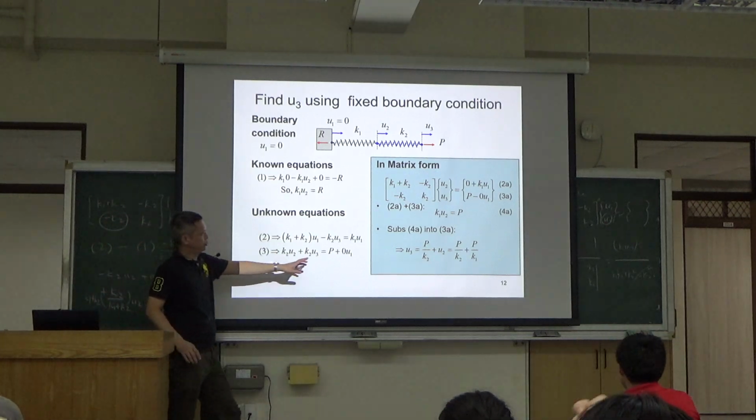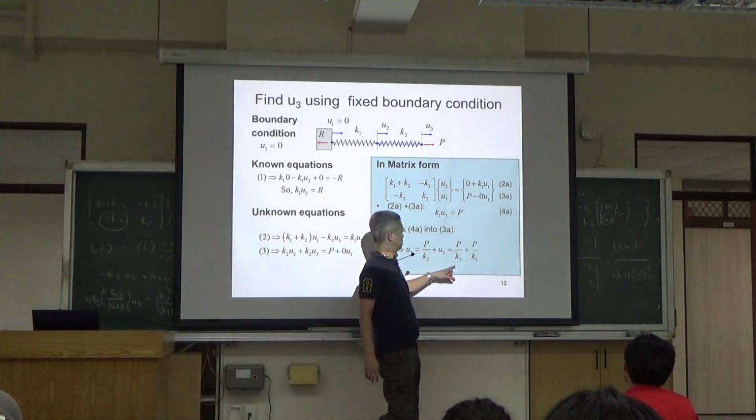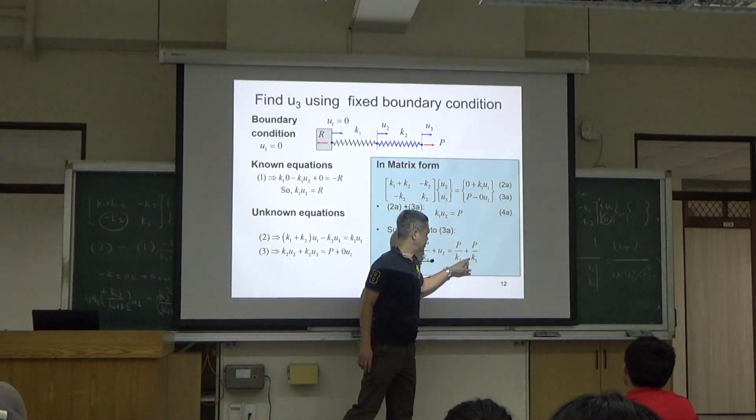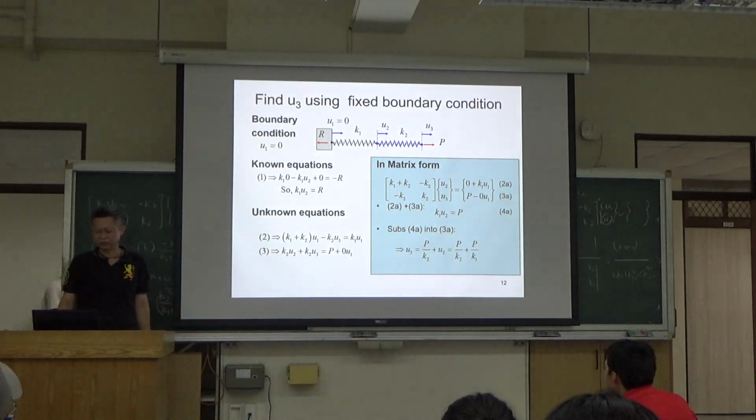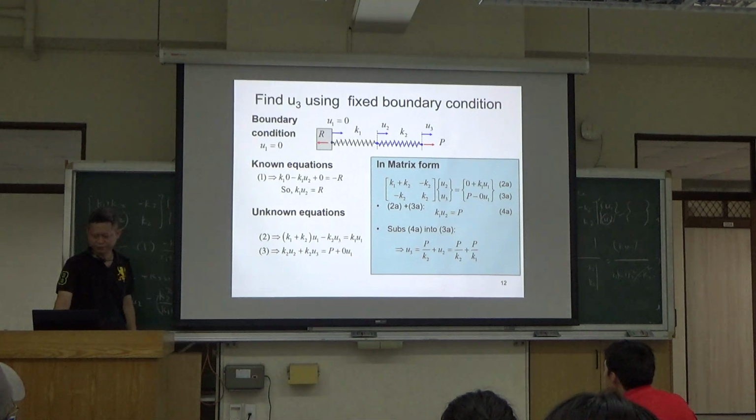So in the end, your U3 here is P over K2 plus P over K1. This is a summation of the contribution of individual spring extension.